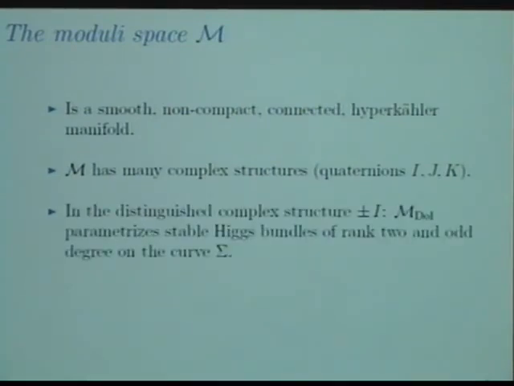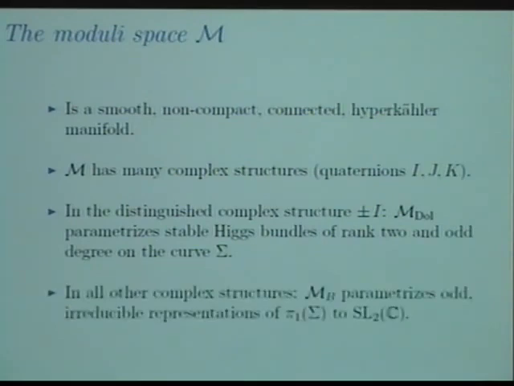And in one distinguished complex structure, I or minus I, Simpson calls it the Dolbeault version of the space, and it parameterizes stable Higgs bundles. He did it in rank 2 and odd degree on the curve sigma.